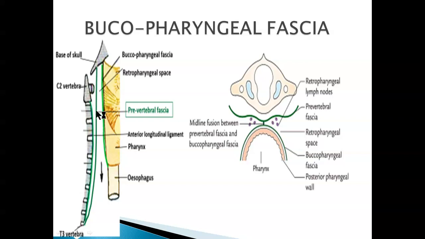Then we have here your prevertebral fascia in front of your vertebral column. Anterior to the prevertebral fascia, we have the space called retropharyngeal space. Then in front of that, we have buccopharyngeal fascia, this one over here. Then we have the pharynx, and on this side somewhere would be your pharyngobuccinator fascia.